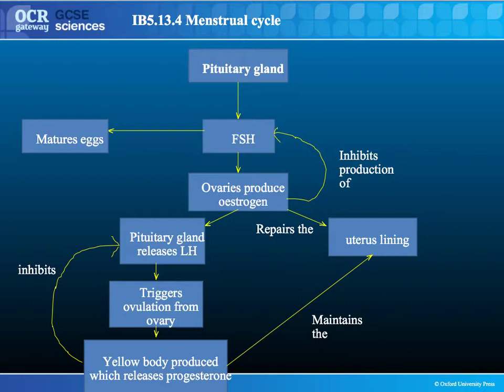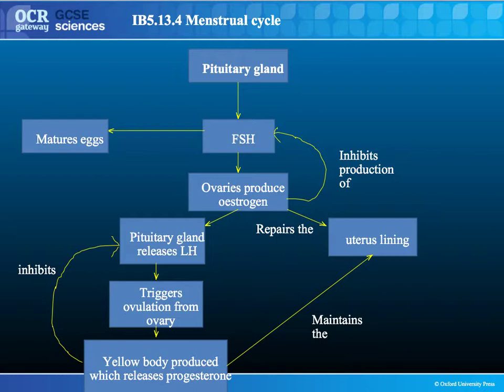Now these eggs are found in the ovaries in what we call follicles, and this is where follicle stimulating hormone gets its name from. Now these follicles are like small pockets in the ovary that will allow the egg to mature inside and eventually release the egg.